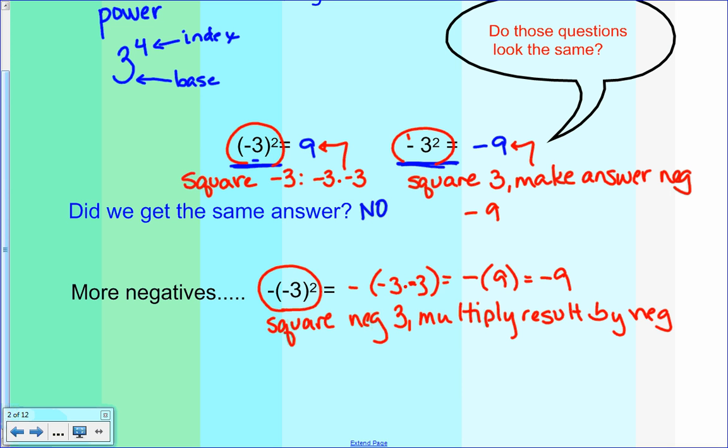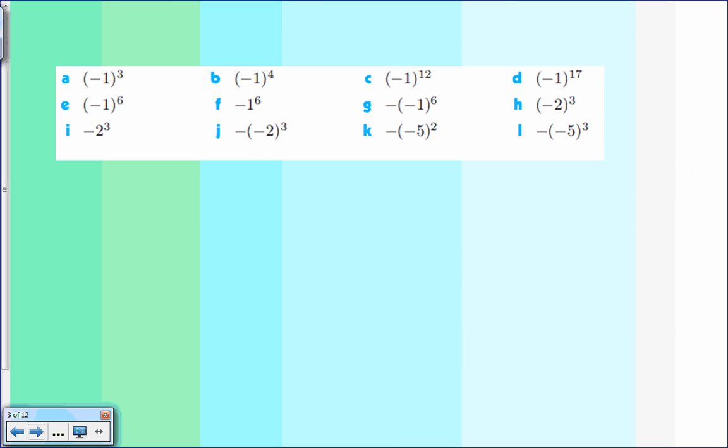It has to do with whether you're squaring a negative number or whether you are taking the opposite of a number. So pause the video at this point to go through these problems. You have the answers underneath, but when we come back, I'll go over about 5 of them real quick. So give it a pause.